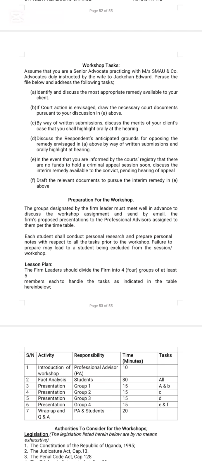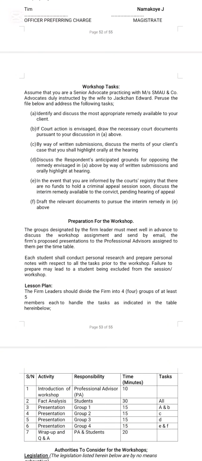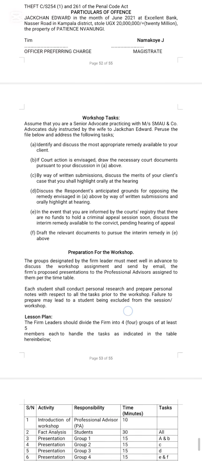Secondly, the appellate judge erred in law and fact when he failed to evaluate all the evidence on record as relied on by the trial magistrate, and also the judge erred in law and fact by upholding the sentence and conviction.